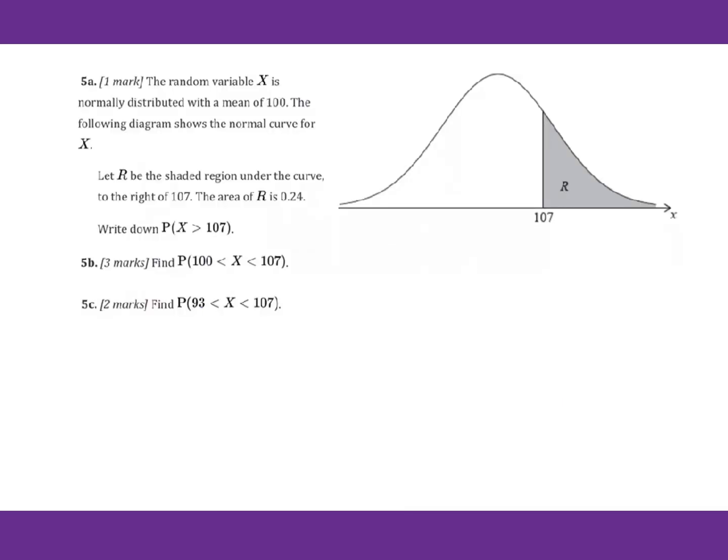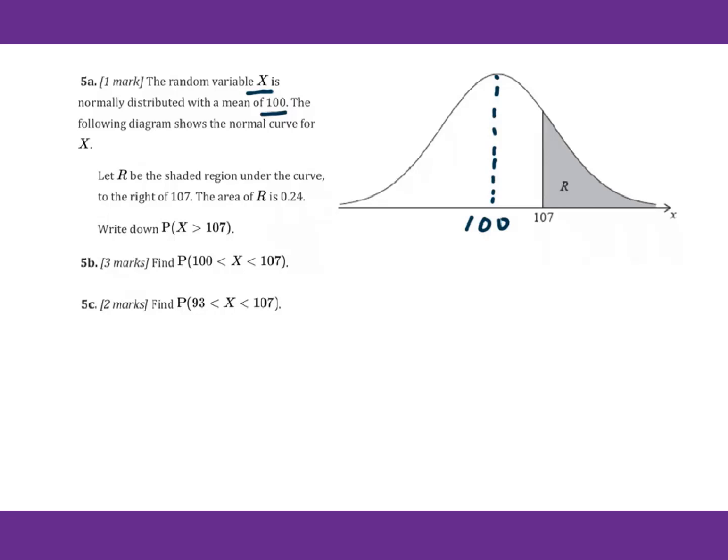Let's go to 5a. The random variable x is normally distributed with a mean of 100. Therefore, this is 100. The following diagram shows the normal curve for x. Let R be the shaded region under the curve to the right of 107.